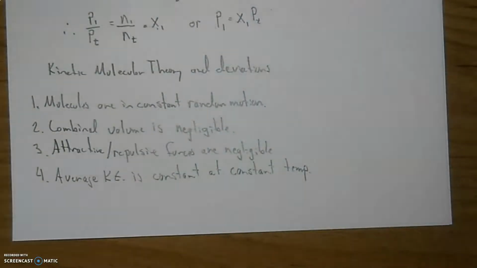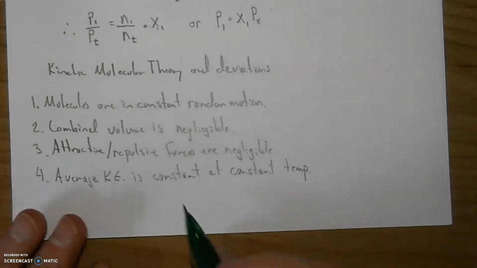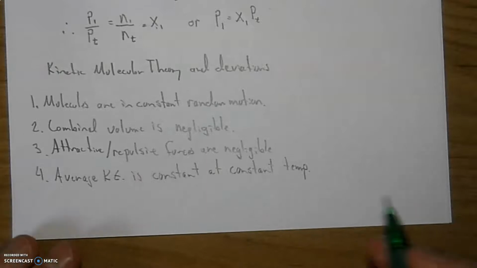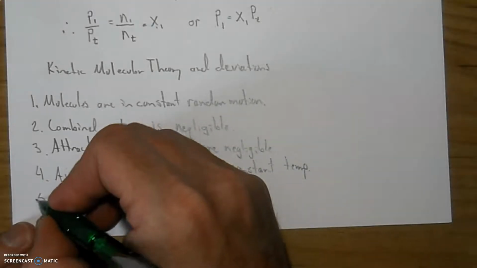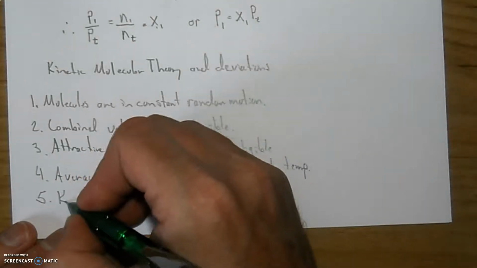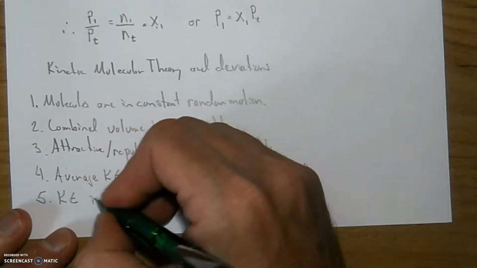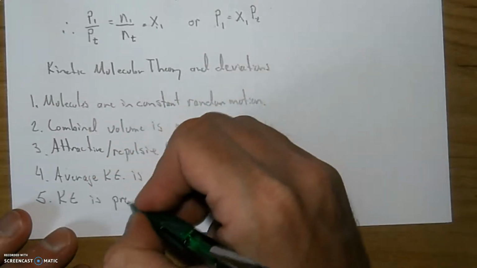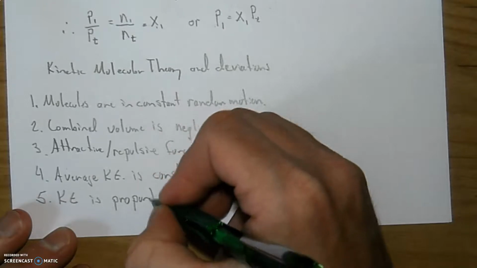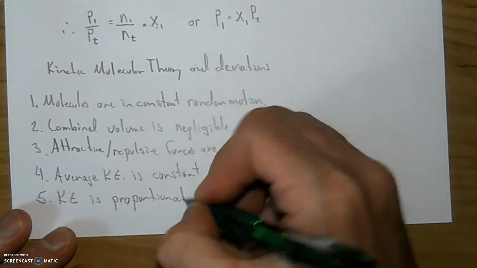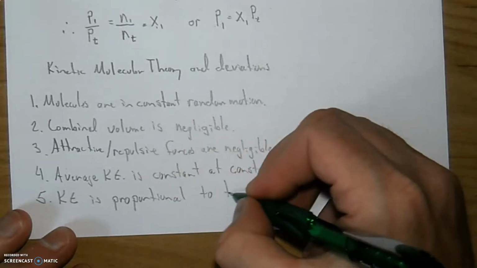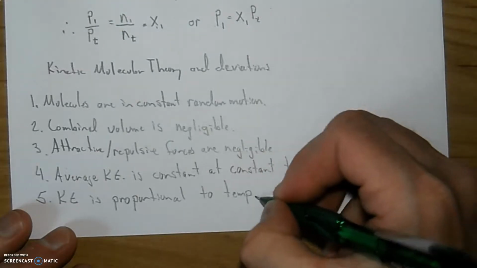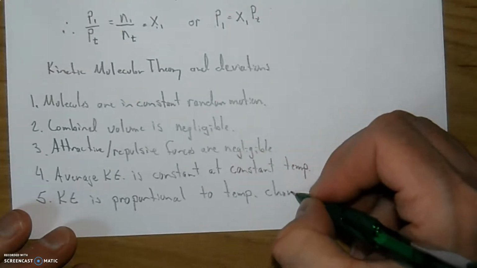They're different, but the average for all of them is constant at some specific temperature. Last one, kinetic energy is proportional to temperature changes. So they kind of go hand in hand.